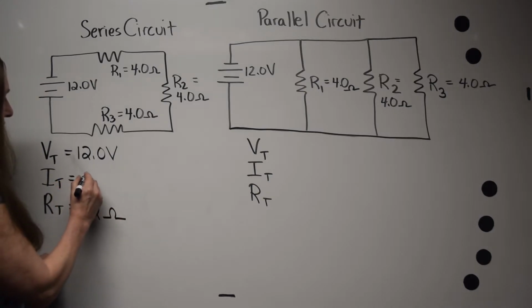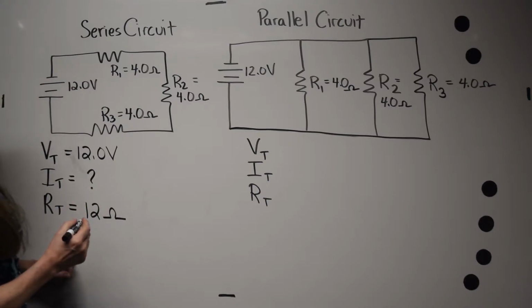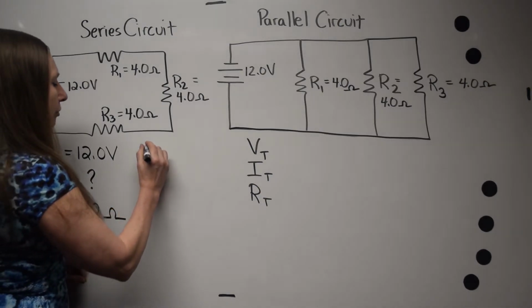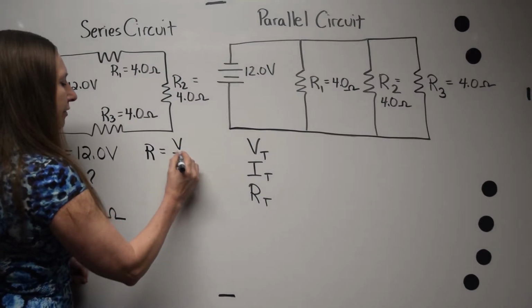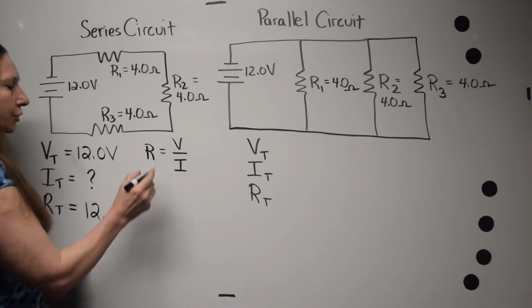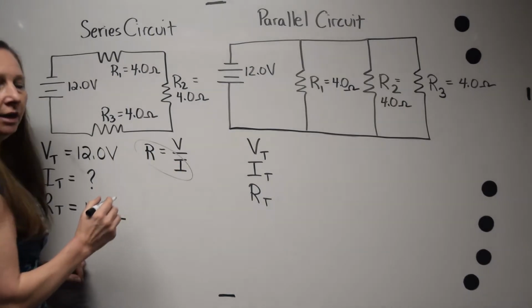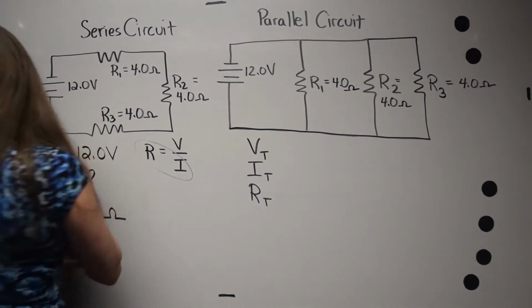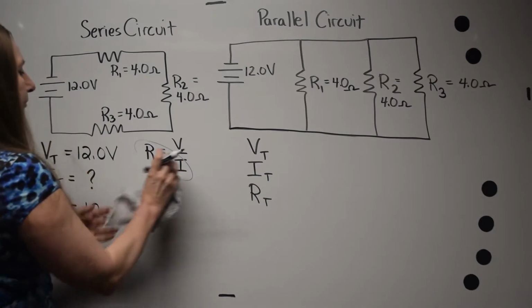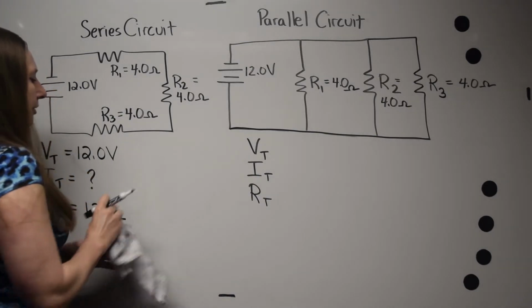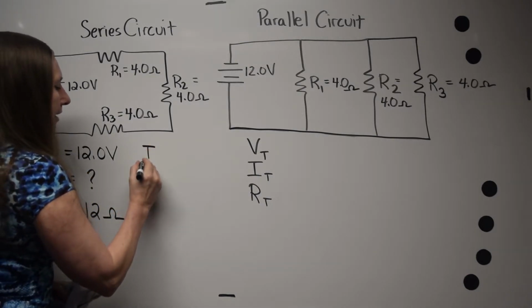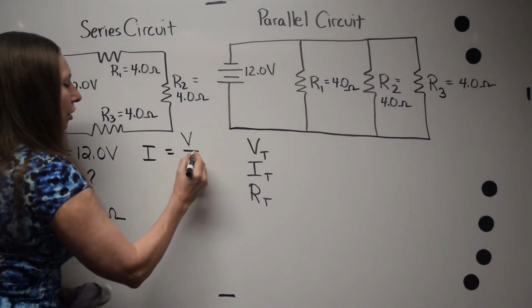So we're going to try to calculate the total current. Now you know that Ohm's law says R equals V over I. Since we're trying to find I, we're going to switch the inverses and put I equals V over R. So here we go with the correct equation. I equals V over R.